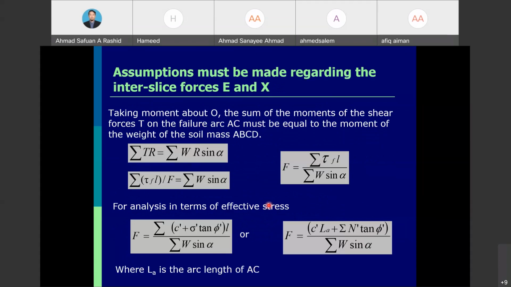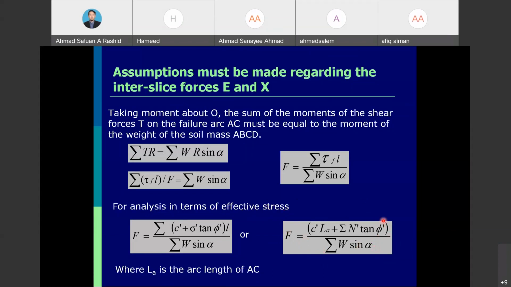Okay, so this is a simple one, where they assume E and X are equal to 0 and there is no pore water pressure taking place. Then taking moment about O, the sum of the moment of the shear force T on the failure arc must be equal to the moment of the weight of the soil mass. Okay, so this is the derivation, and later on they come up with this kind of equation based on the effective stress.